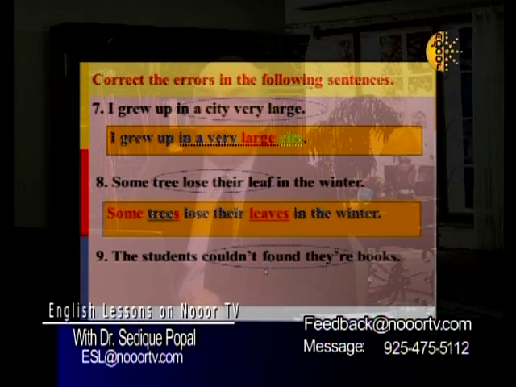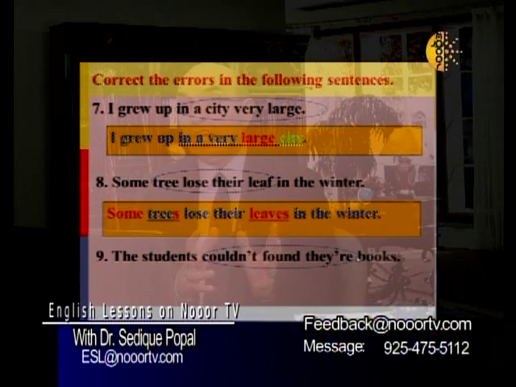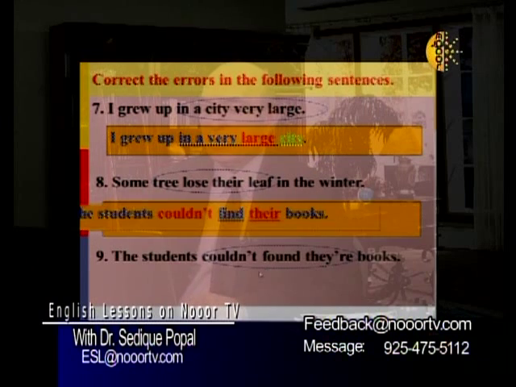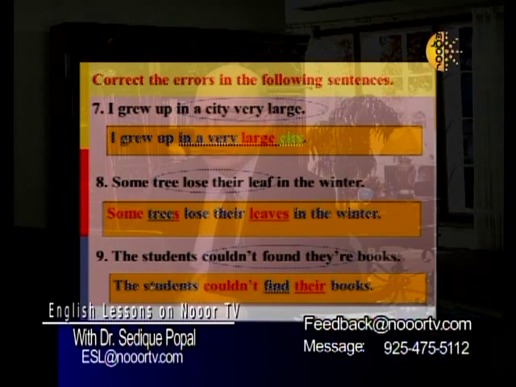The base form or the simple present form. So that's one problem. Again, the other problem with what? With there. The pronunciation is the same, but the spelling of there, to show belonging, is not spelled this way. It's spelled what? Differently. And here is the correct answer. The students couldn't find. So you change found to find their books.